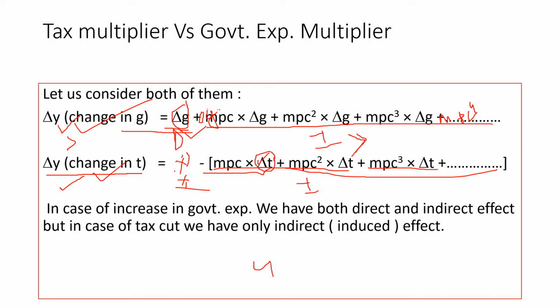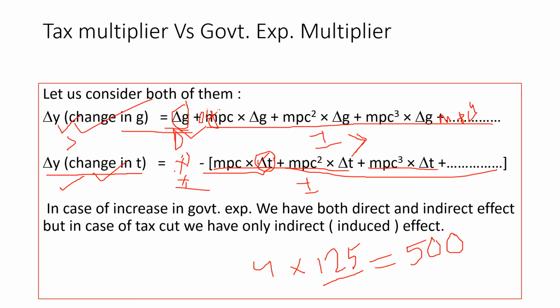So if you cut the tax by 125 rupees, then 125 into 4 is equal to 500. So you can increase the income by 500 rupees by a tax cut of 125 rupees.